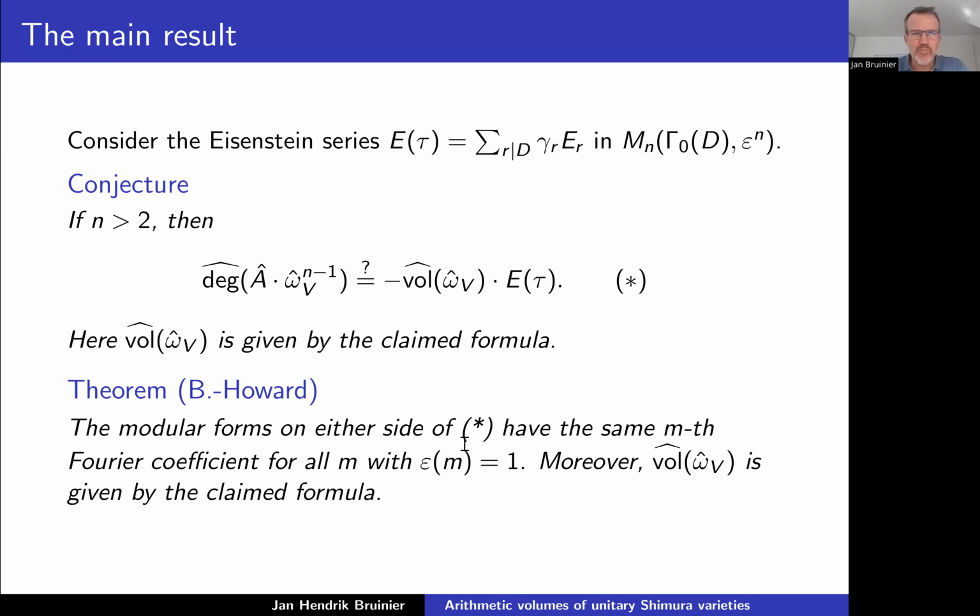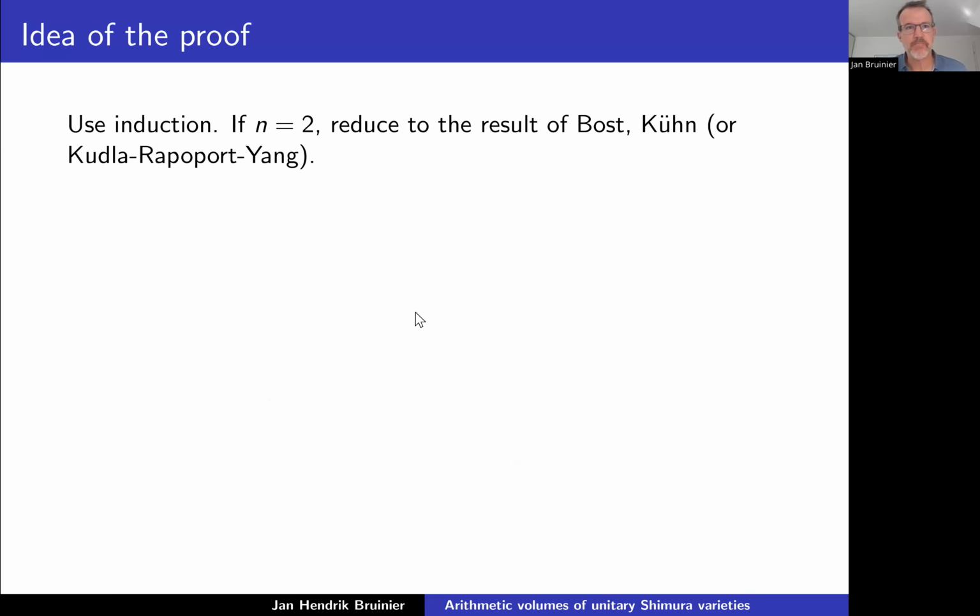So how can we prove that? The idea is to use this modularity in an extensive way. Again, we want to prove this by induction. If n is 2, then one can reduce to the result of Bruinier-Howard-Kudla-Rapoport-Yang. This is maybe not so interesting because this is already known in some sense.